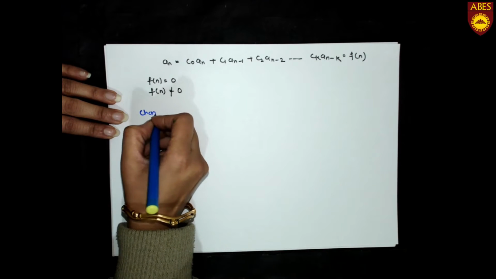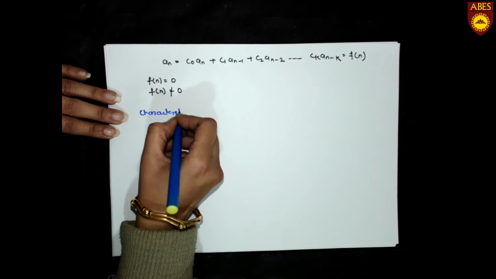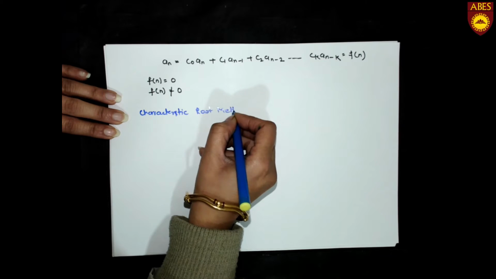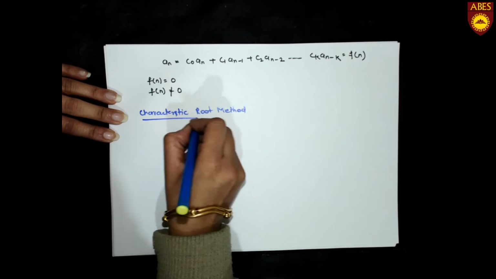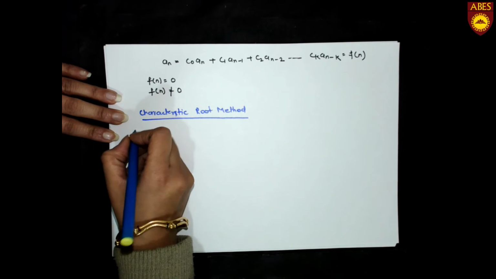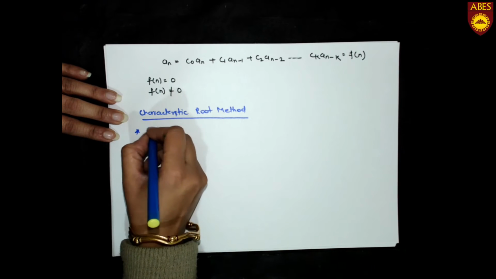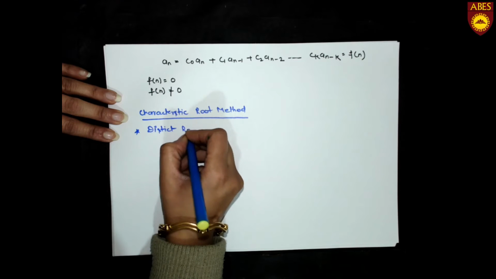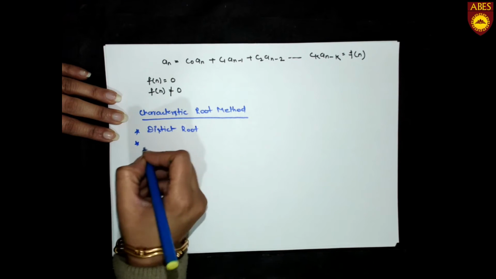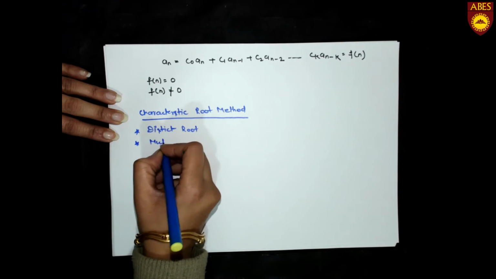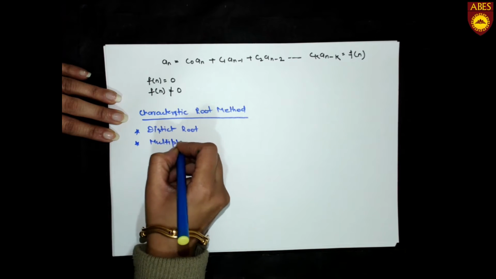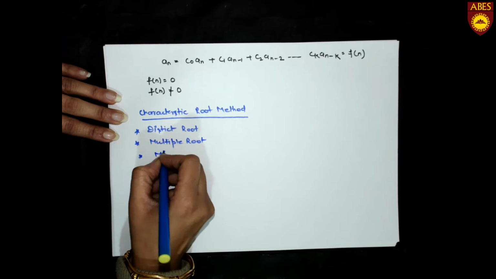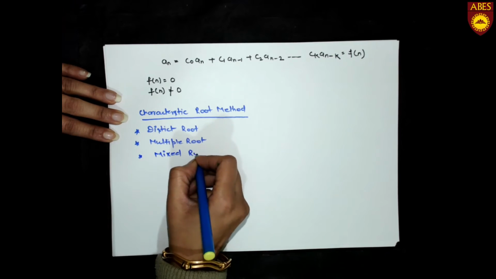Let us see the characteristic root method. In the characteristic root method, there are distinct roots, multiple roots, and mixed roots.